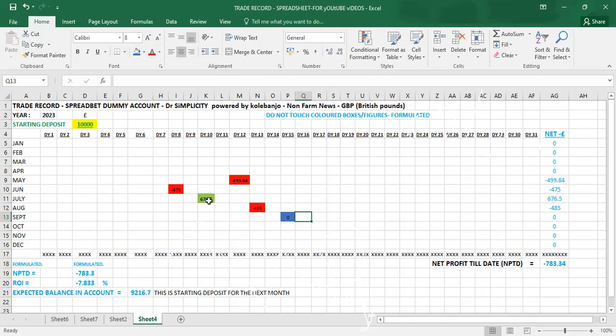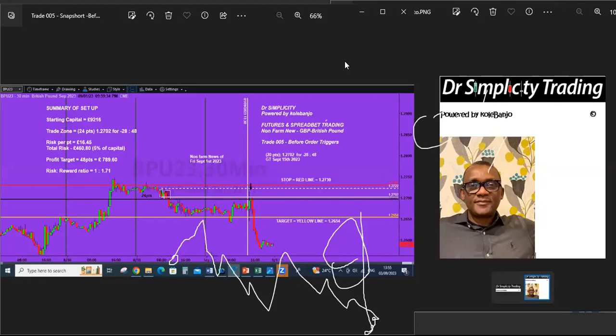Only 1 has been good in terms of profit so far, the one in July. And the one in September, nothing, no gain, no loss. And so for our next trade, our starting capital remains 9216.7.